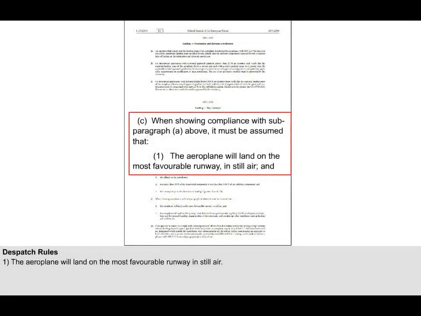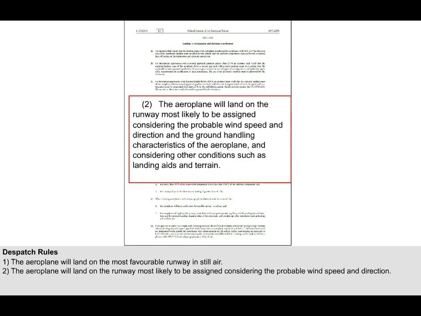One of the last landing requirements is about the dispatch mass, which we have already looked at in previous lessons. The dispatch rules for Class A aeroplanes are found in EU OPS 1.515, paragraph C, and state that for dispatching an aeroplane, it must be assumed that, firstly, the aeroplane will land on the most favourable runway at the destination airfield in still air, and, secondly, that the aeroplane will land on the runway most likely to be assigned, considering the probable wind speed and direction.